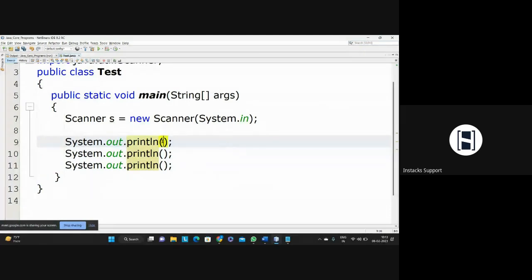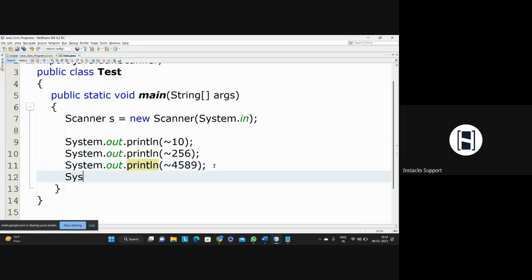Let us say, what is the complementary of 10? 10 is a positive number. What is the complement of 256? What is the complement of 4589? All are positive numbers.